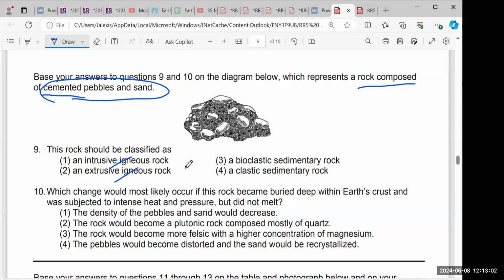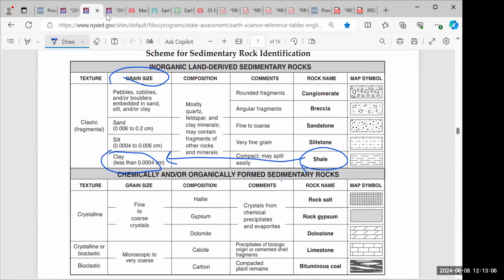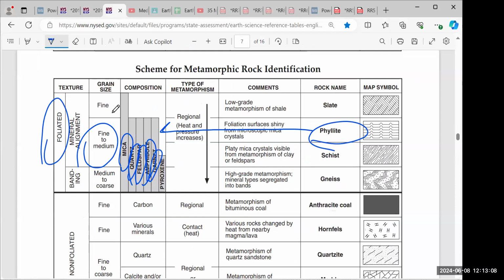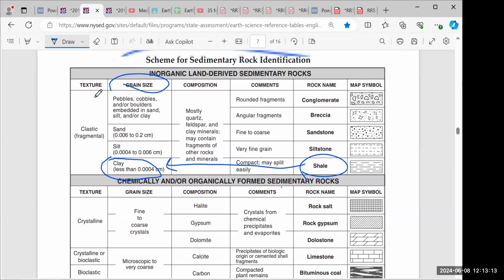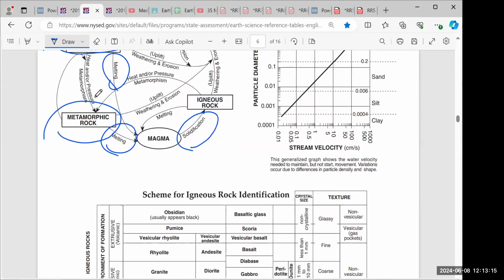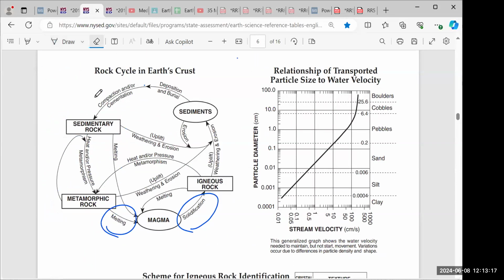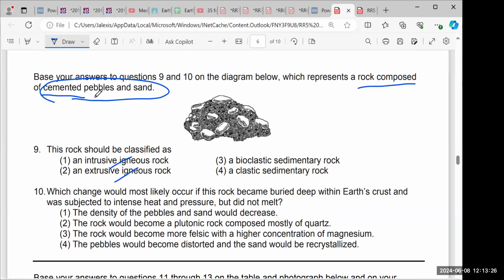So cementation is a process of a sedimentary rock. If we look on page 6 of the reference tables, we'll see right here one of the processes that creates a sedimentary rock, cementation. So I know that this rock is a sedimentary rock. How do I know if it's clastic or bioclastic?